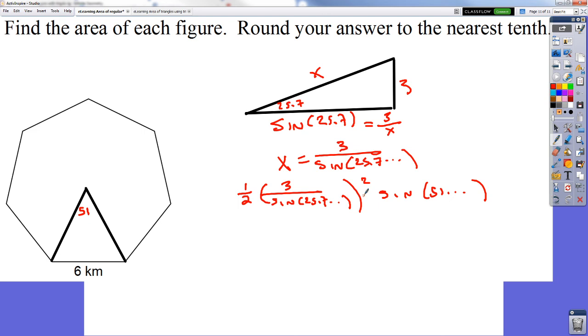So 0.5 times parentheses 3 divided by that number in the sine.